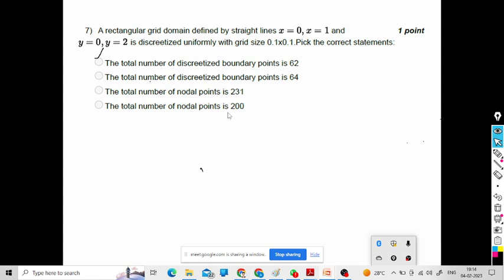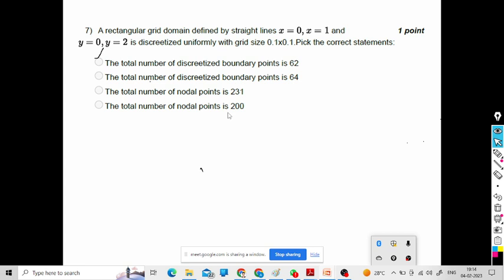Next, consider the PDE x plus 1 into del square u upon del x square plus x plus y into del square u upon del x into del y plus y plus 1 into del square u by del y square is equals to 0. So which among the following is true? Just like we have done in the previous case, compare this whole PDE with the standard PDE equation.